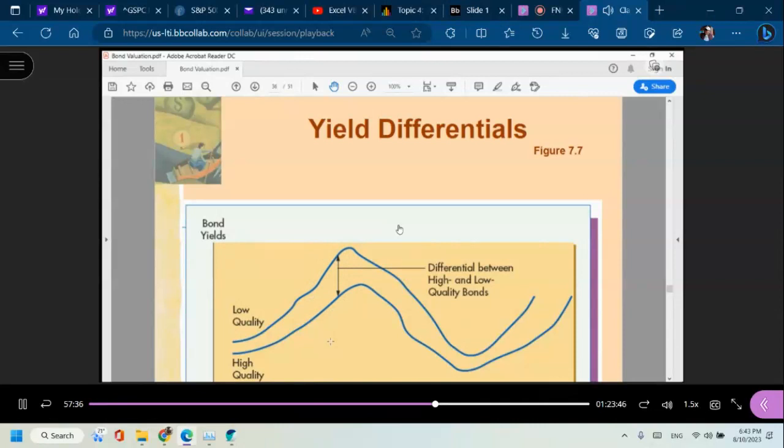This difference can generally be used as the risk premium, to make an adjustment to the cost of equity. In other words, to find the required return, or the discount rate, for stocks in a very crude way, they use this differential as the risk premium.